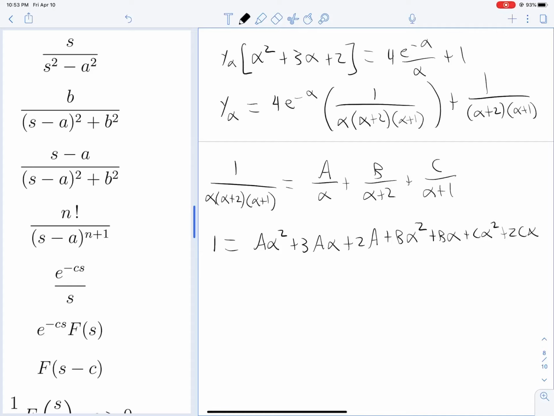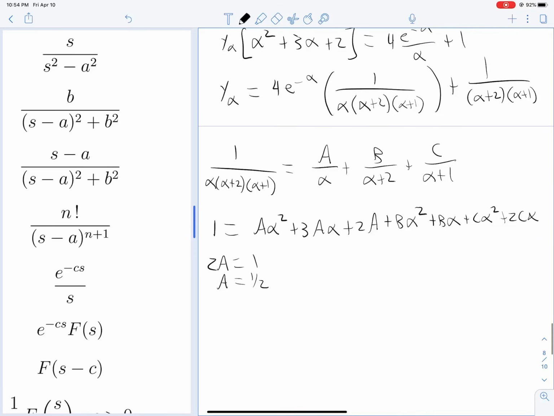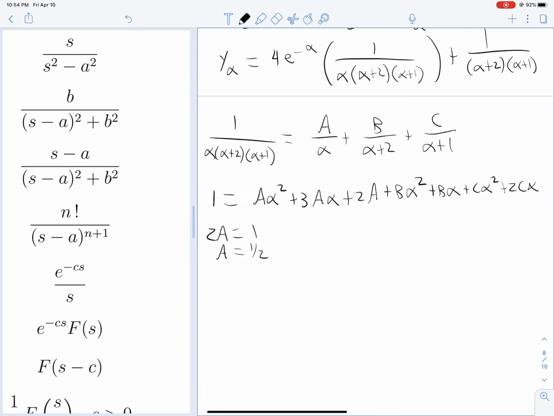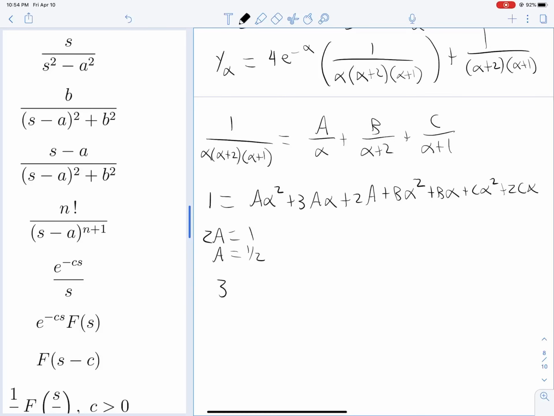Okay, so we can equate all of our constant coefficients. We have 2a is equal to 1, a is equal to 1/2. Then equating all of our alpha coefficients, we have 3a alpha plus b alpha plus 2c alpha is equal to 0.